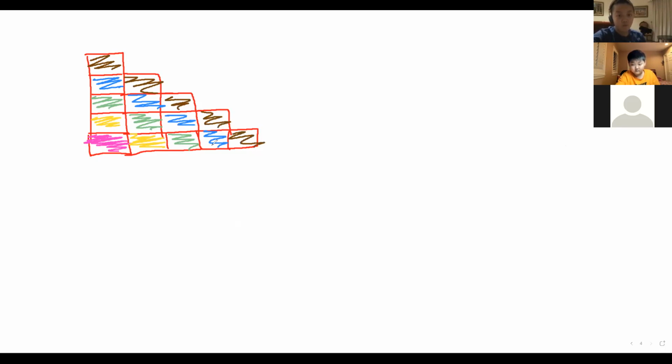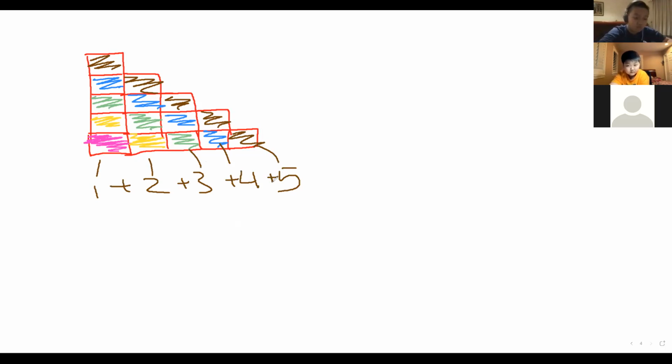So if we look at this like a pattern, there's one number, there's 2 of these, there's 3 of these, there's 4 of these, there's 5 of these. So if you were asked how many blocks are there in total, it's the same thing. This is exactly the same as Gauss's method. So we can apply Gauss's method, right?